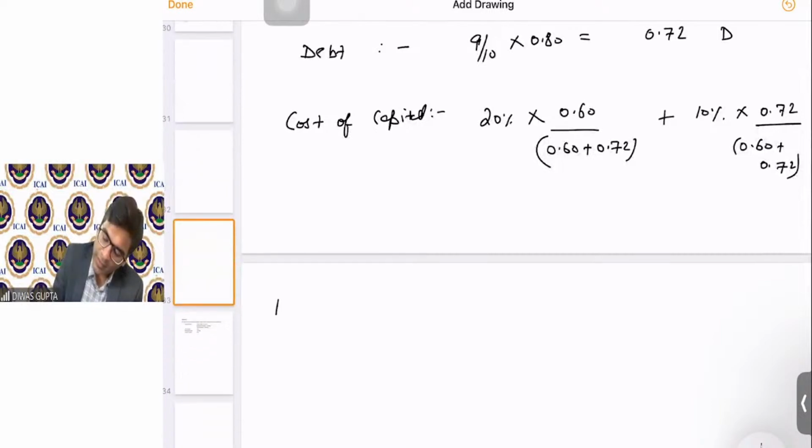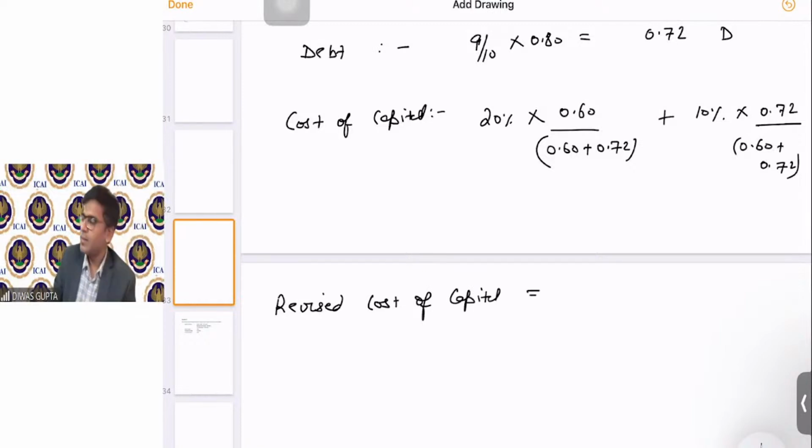So the revised cost of capital will be 14.5455 percent.